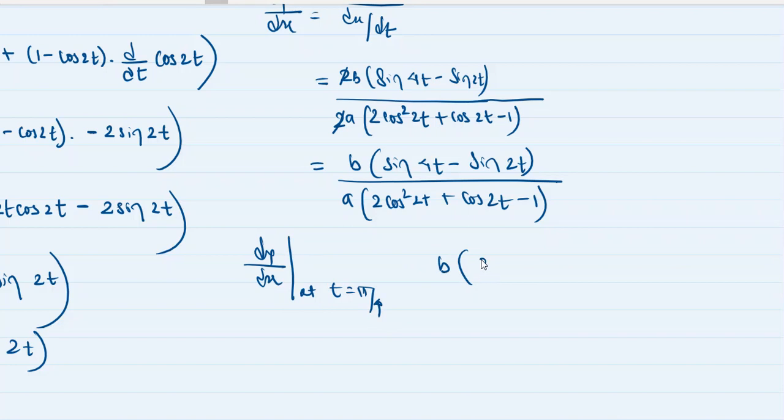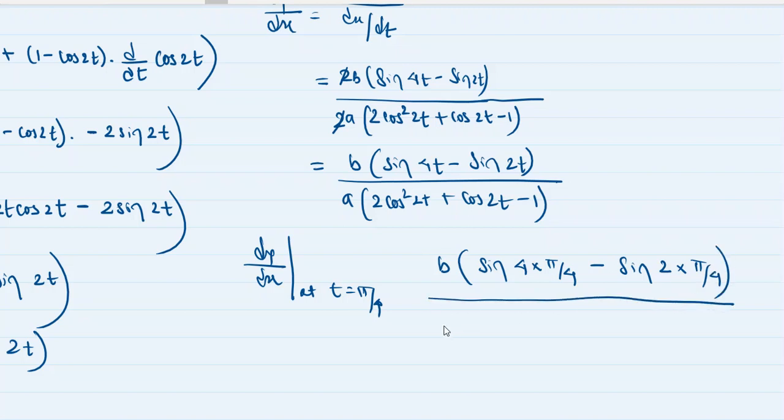So b bracket sine 4 multiplied by the value of t, that is pi by 4, minus sine 2 multiplied by the value of t, that is pi by 4, the whole upon a bracket 2 cos square 2 multiplied by the value of t, that is pi by 4, plus cos 2 multiplied by pi by 4 minus 1.